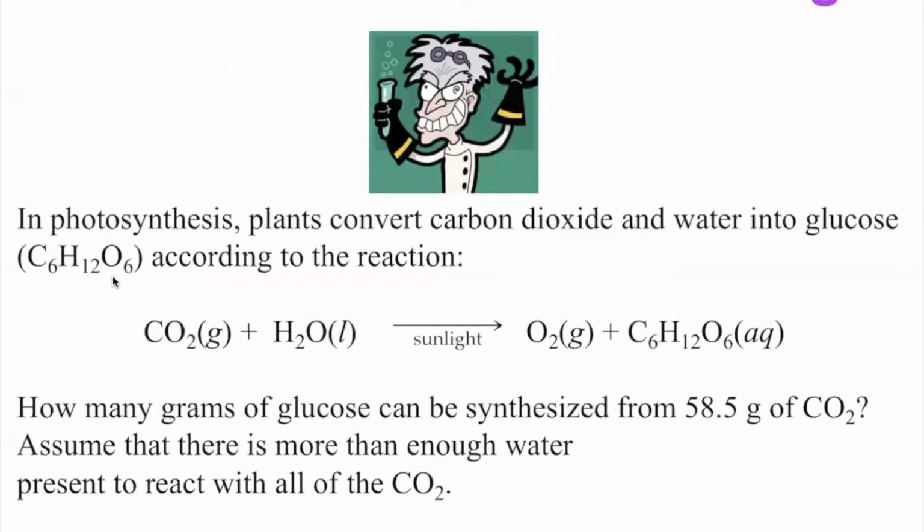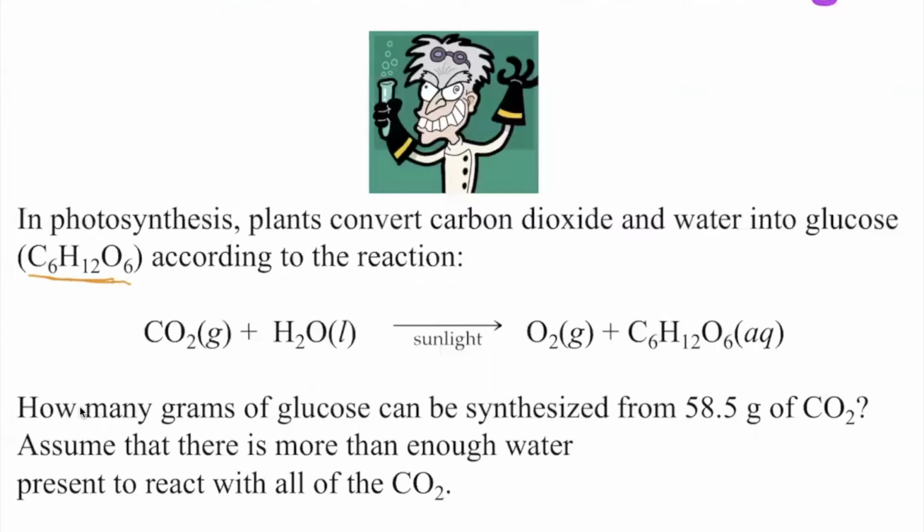Another practice problem. In photosynthesis, plants convert carbon dioxide and water into glucose. This is the equation for glucose according to the following reaction. Always make sure: is this equation balanced? This equation is not balanced.